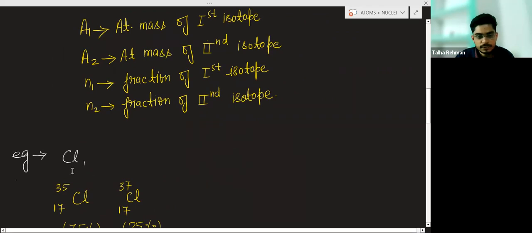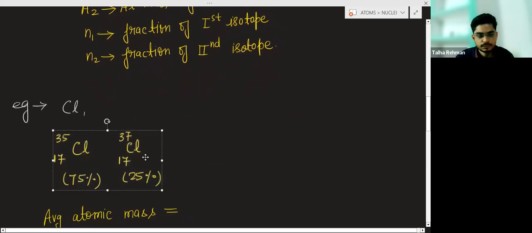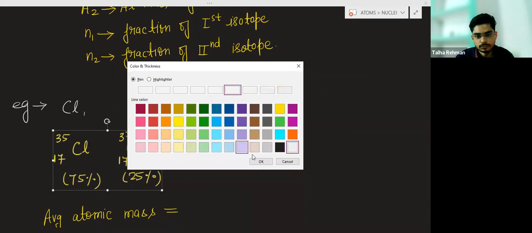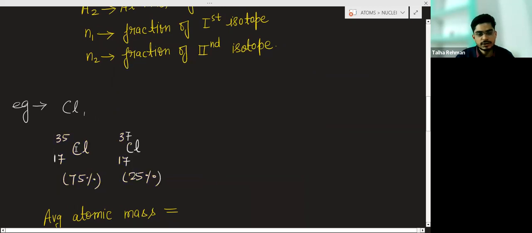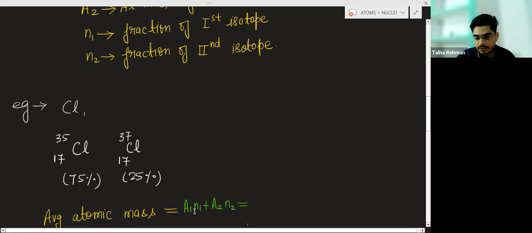This is chlorine, and this chlorine has two isotopes. We want to find the average atomic mass, so we will apply this formula: A1N1 plus A2 into N2. What is A1?